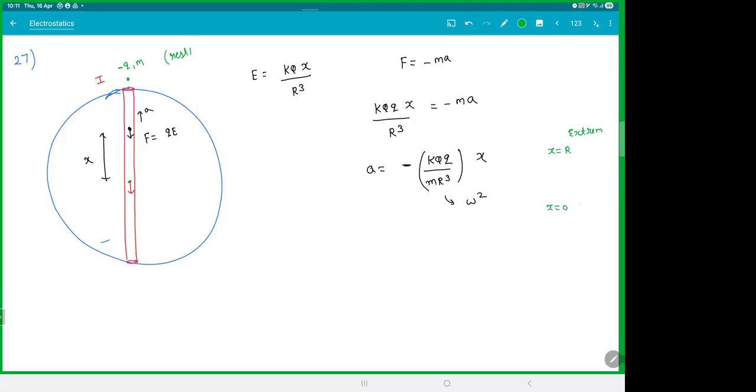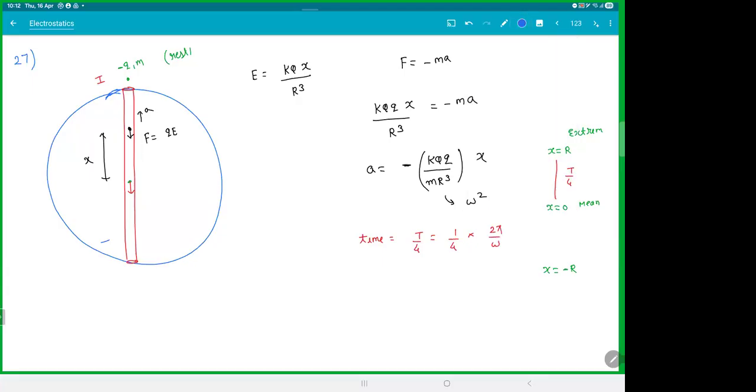X is equal to 0 is your mean, and you'll go to the other side. X is equal to minus r, that's your other extreme. You want to find the time only from here to here, and how much will that be? T by 4. So time taken to reach A will be T by 4, that's 1/4 of 2 pi by omega.